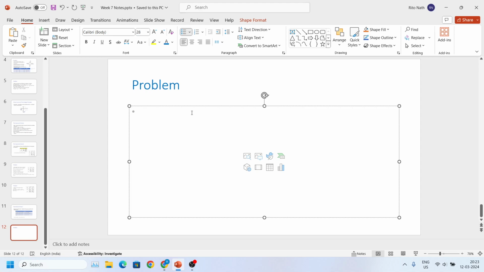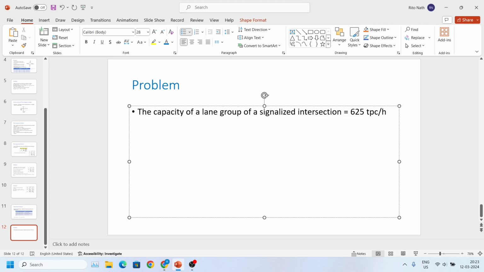Okay, so here we have the capacity of lane group for signalized intersection is 625 PCU per hour. Next, you have the duration of each analysis period.